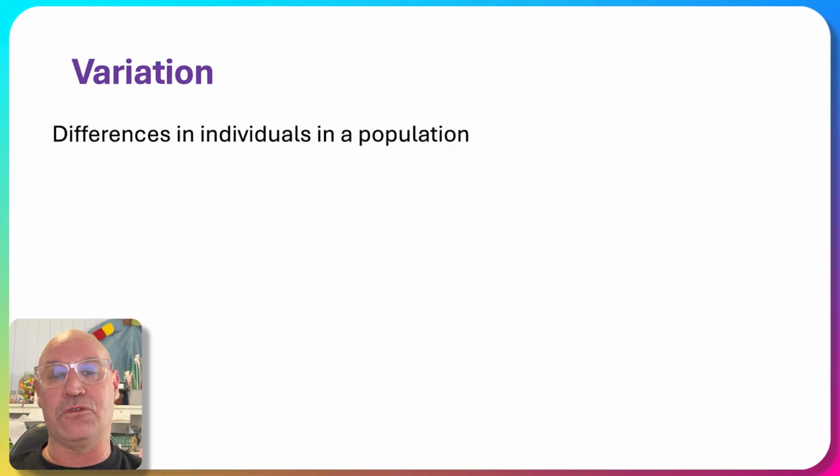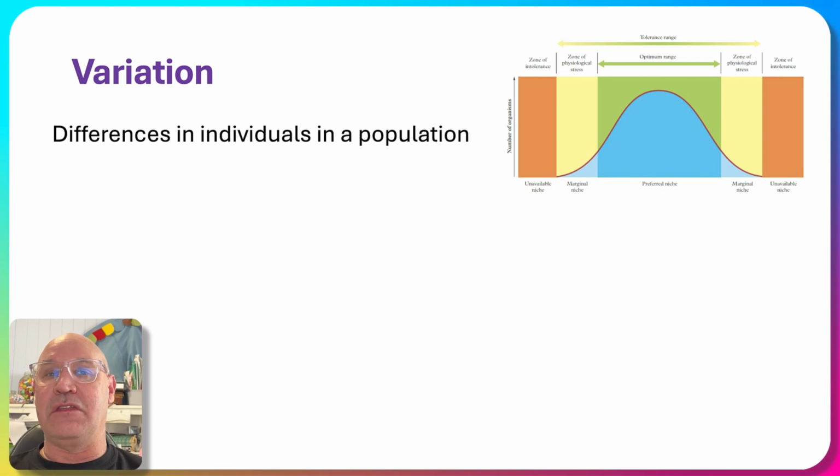Firstly, variation, of course, is difference in individuals in a population. And we see generally that that's distributed with a normal distribution, and most organisms would have a sort of intermediate phenotype. And variation is actually really important for the survival of a species because it's that range that the species are able to tolerate.